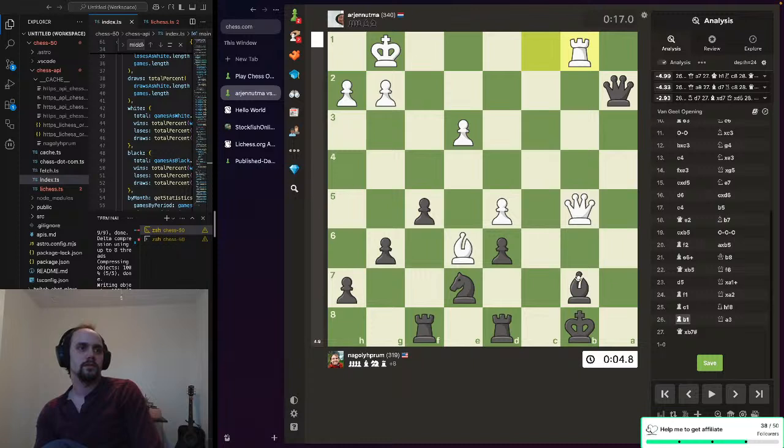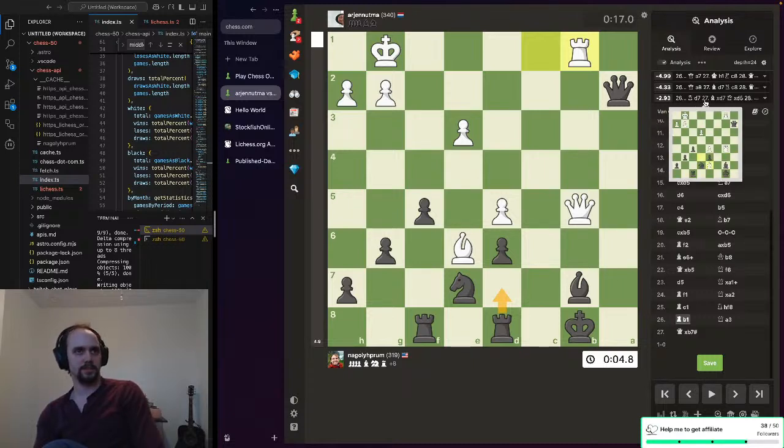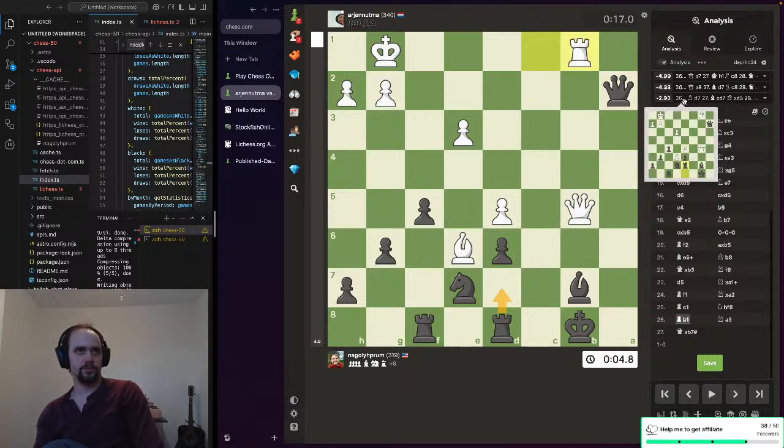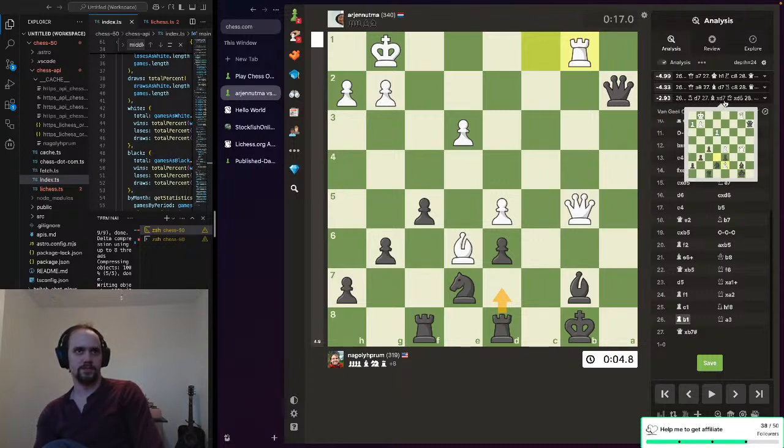If I bring the rook here, that seems crazy. How does that help me? Put the rook there, then their bishop captures, then my queen captures, then their queen retreats.